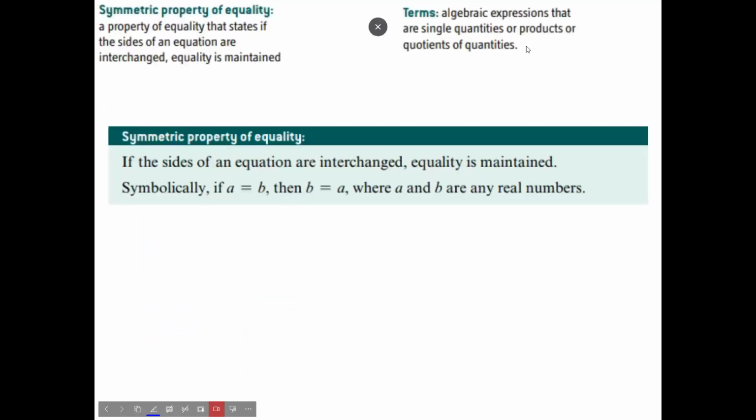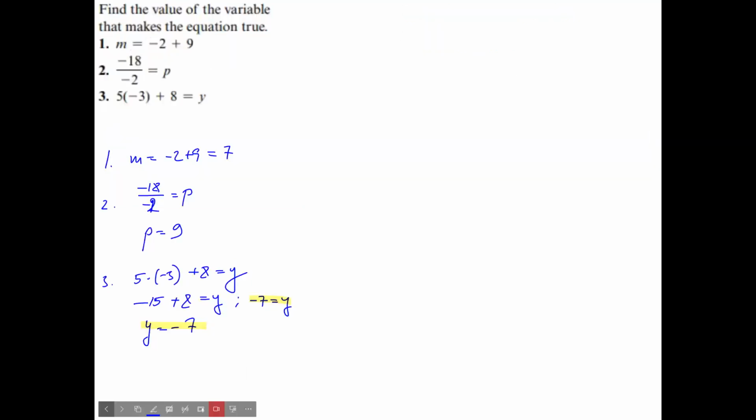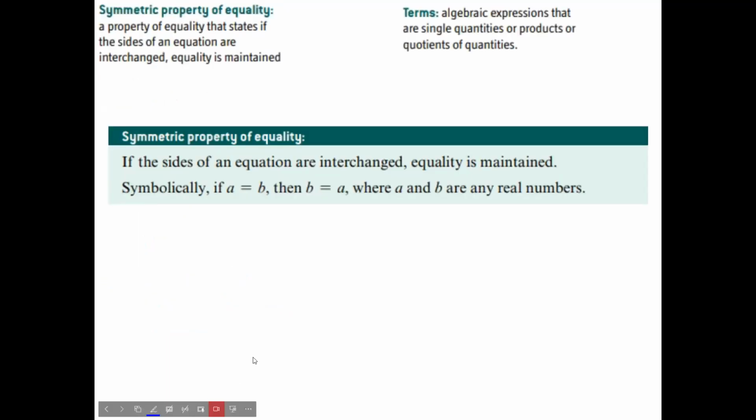Terms, algebraic expressions that are single quantities or products or quotients of quantities. So terms, for example, minus 2 plus 9, those are terms. 5 times minus 3, that's a term. Plus 8 is a term.